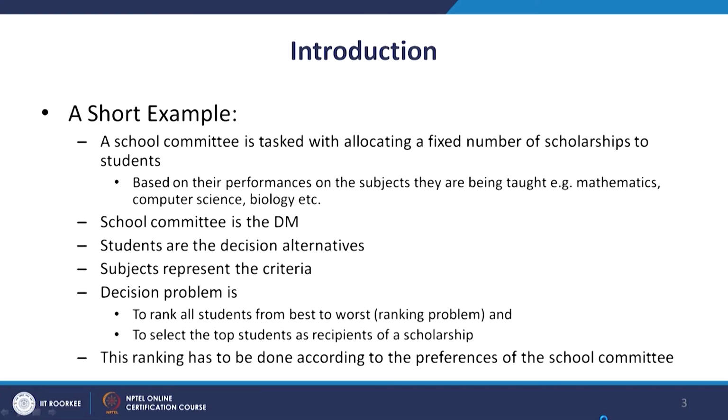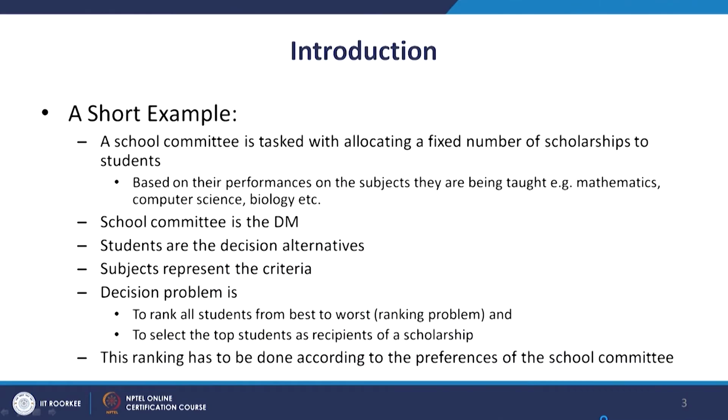The school committee needs to rank all students from best to worst, only then would they be able to find out the meritorious students to whom the scholarship should be allocated. The second part of the problem is to select the top students as recipients of the scholarship. So, ranking and then selection of the alternatives, which are students in this case. These are some of the parameters of this decision problem.